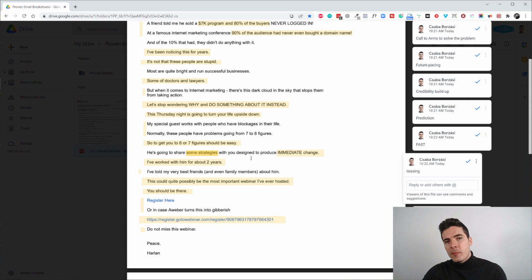That could be a specific element, which is beneficial in its own, but some strategies, sometimes this also works. And this email, the second part of the email, definitely has a lot of curiosity going on here. So that's probably why Harlan chose some instead of 3. And notice how we're basically pixel peeping here.